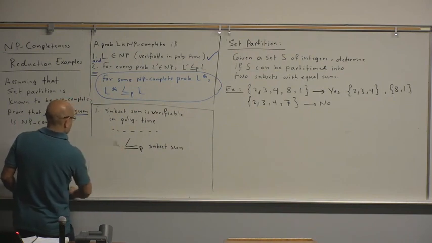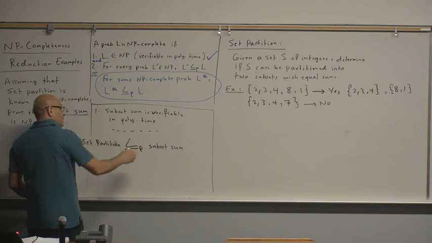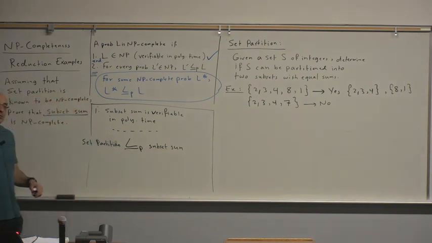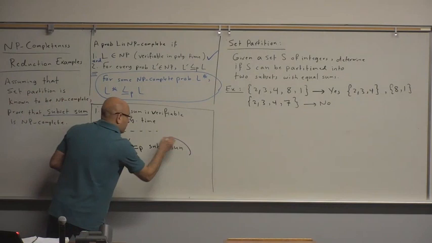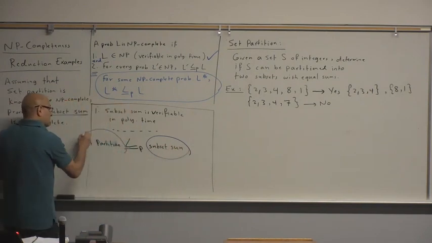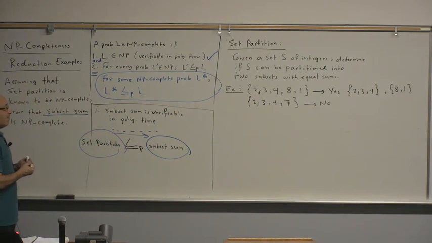Set partition. Again, subset sum is the one to be proven. You have to prove that it's greater than or equal to the known one in terms of difficulty. Now I assume that I have a solver for subset sum, and that any instance of set partition, I can reduce to an instance of subset sum.